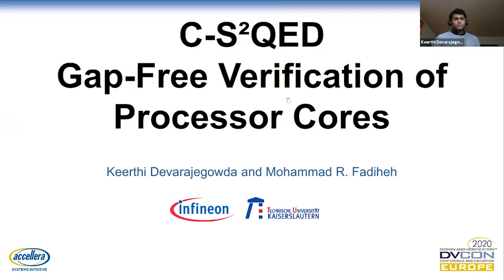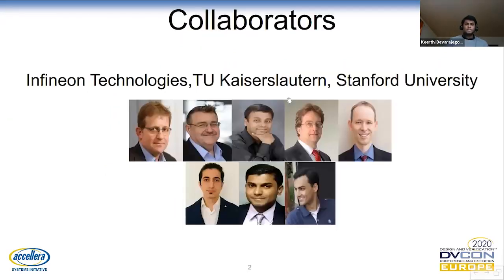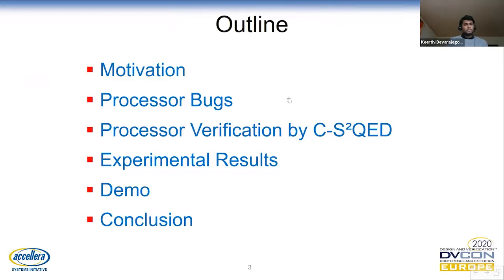Together with Kaiserslautern, Stanford, and Infineon, through this collaboration, we extended this approach to be applicable to pre-silicon verification, using a symbolic initial state with formal tools. And the term complete is because this approach finds all bugs in a processor core, so that's why the overall name complete S²QED.